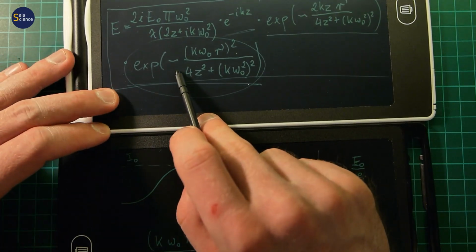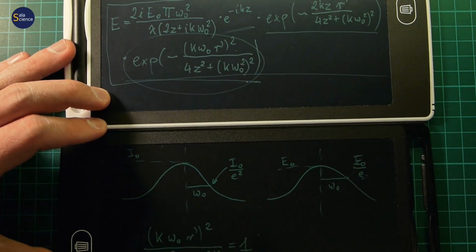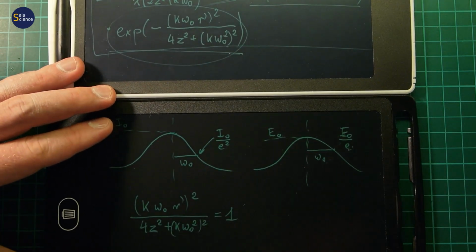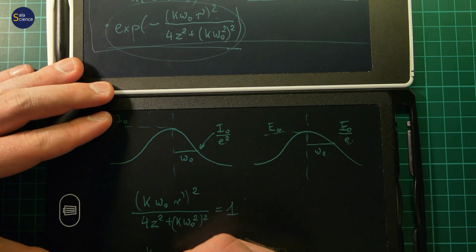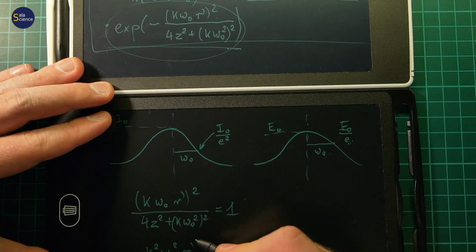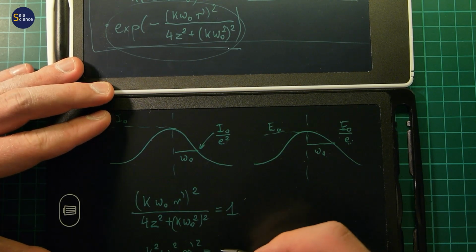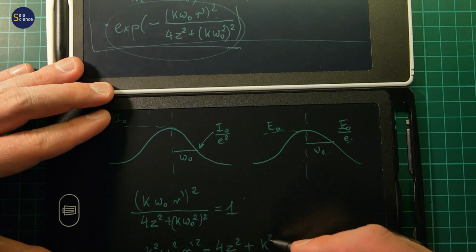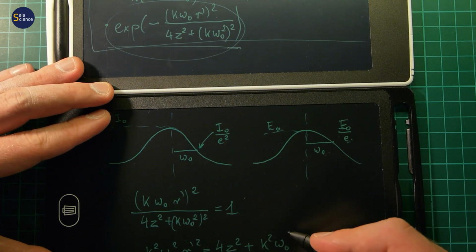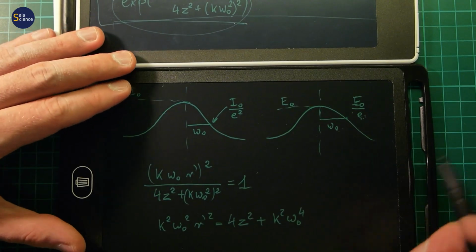Here is minus, so it will be 1 over e in this case. So we have k squared w naught squared r prime squared, and these are equal to 4z squared plus k squared omega naught to the power of 4.